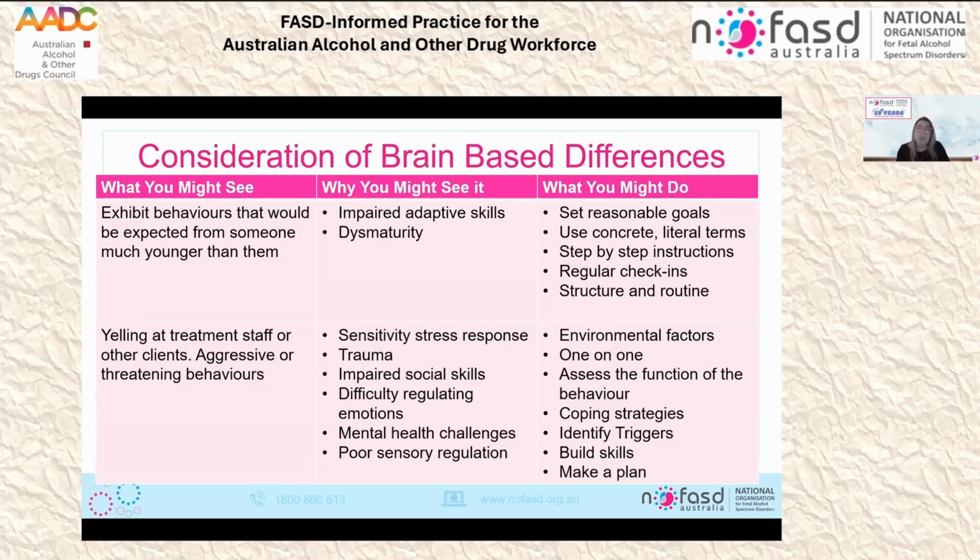So the things that we can do to support them are maybe exploring ways that they might be feeling uncomfortable in that environment. So it might be checking in on whether they feel overwhelmed with large groups or noise or certain light levels in the room. It might be looking at individual versus group sessions where possible.